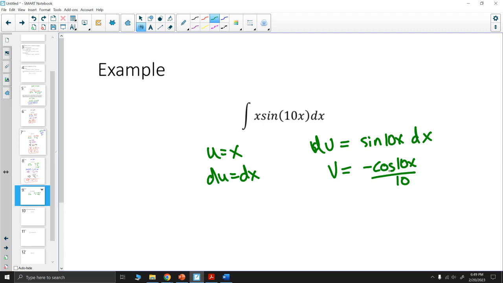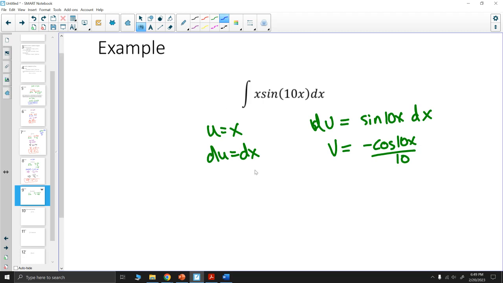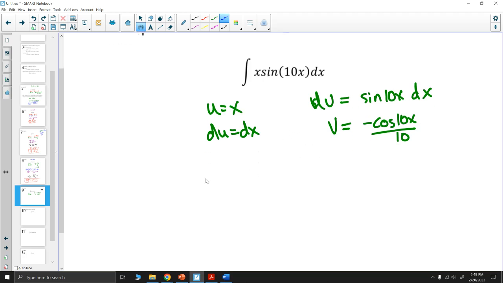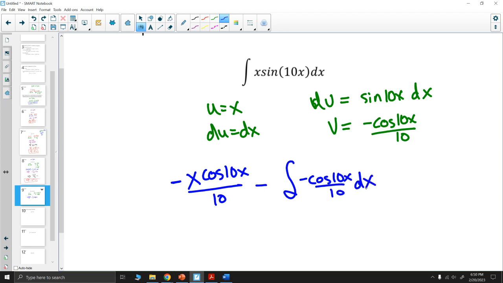Okay, so we can plug this in, uv, so x, and I'll put the negative in front, negative x cosine of 10x over 10, minus the integral of v du, negative cosine 10x over 10 dx.